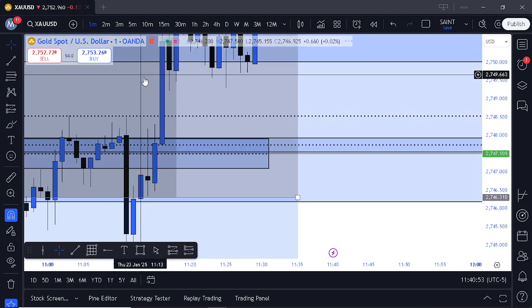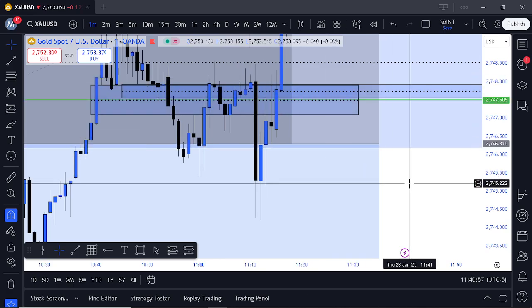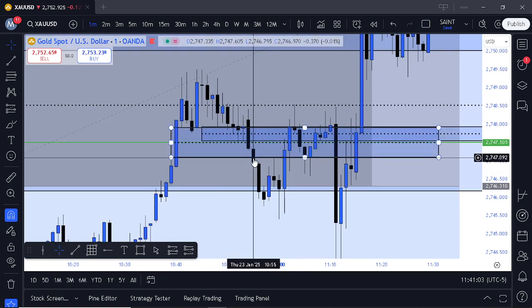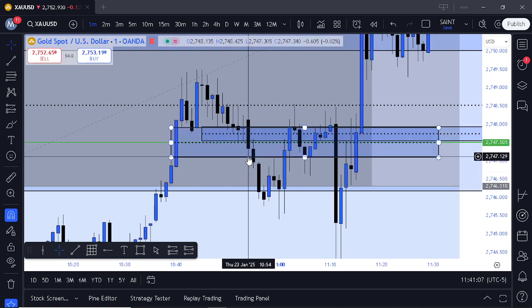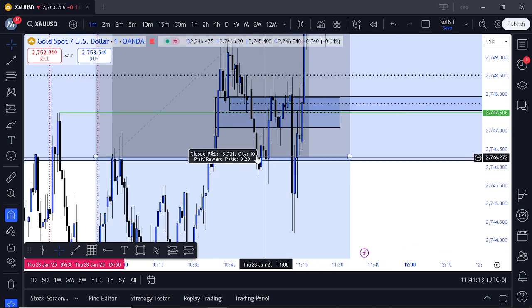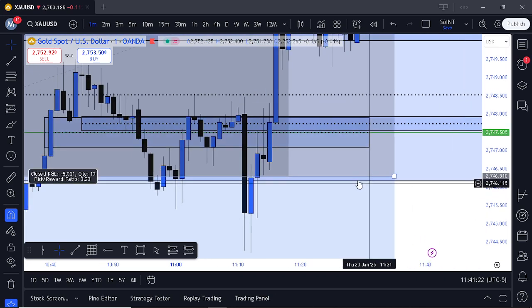I went onto my 1 minute chart and saw it happen, actually not right here, it happened around here. Price closed, and I entered around this candle. Between these candles I got my entry, and price closed below the Fair Value Gap right before going back up into the Fair Value Gap.